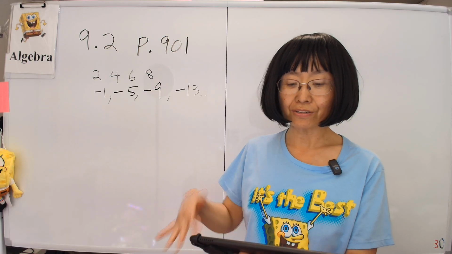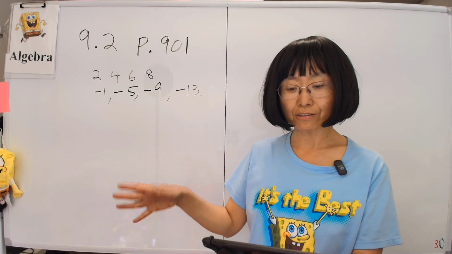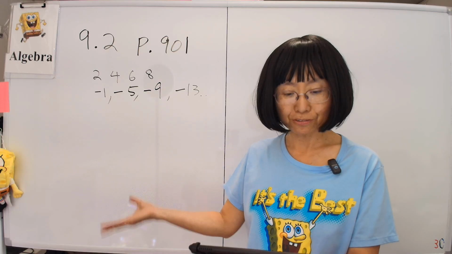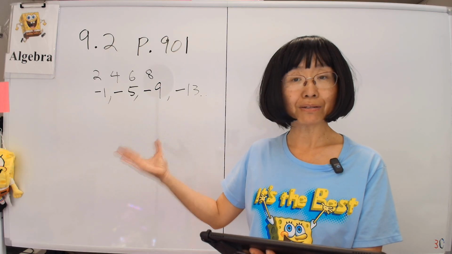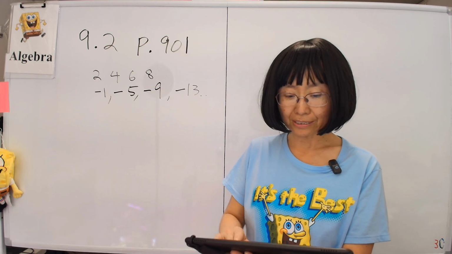So the first term will be 17, the second term will be 17 plus -3, which is 14, and then 14 plus -3, which is 11, etc. So please do example 2 yourself, okay?